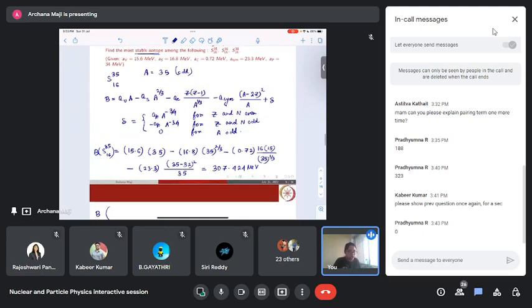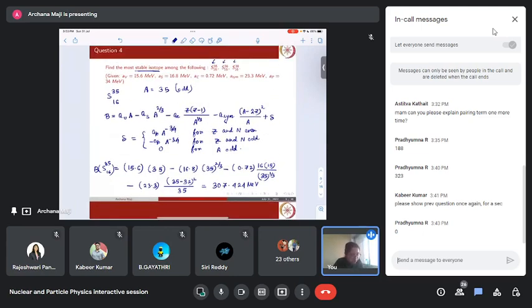For the other two isotopes, delta will be positive because Z is even, Z is 16, N is also even, and for this also Z is 16 and N is 22. So Z and N both are even for the other two elements. So for these two elements, when you compute binding energy, you need to consider this pairing term as well.